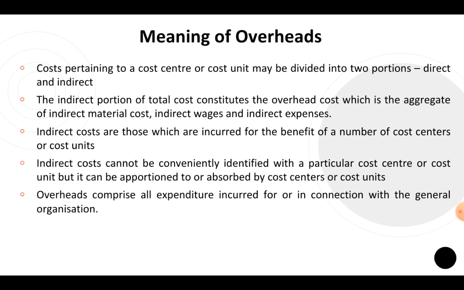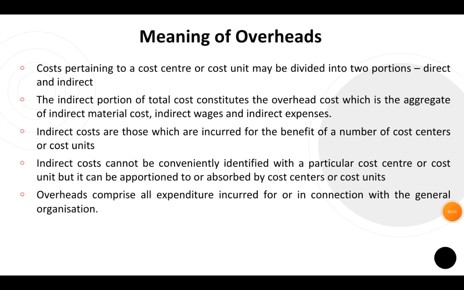So as we've already seen, costs pertaining to a cost center or cost unit are divided into two portions, direct and indirect costs. So the indirect portion of the total cost will constitute the overhead cost, which is the aggregate of your total indirect material cost, your indirect wages and also indirect expenses.